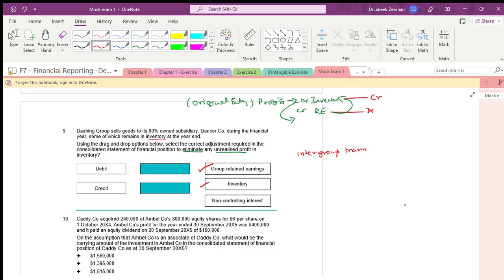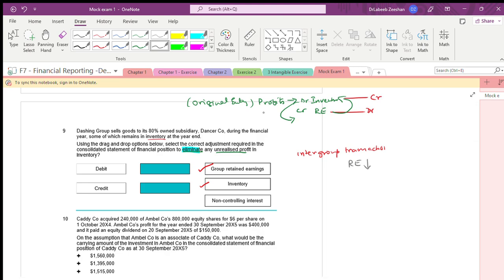They are saying that you have to eliminate this transaction, as simple as that. When you eliminate the transaction, what will happen? Retained earnings we have to decrease.